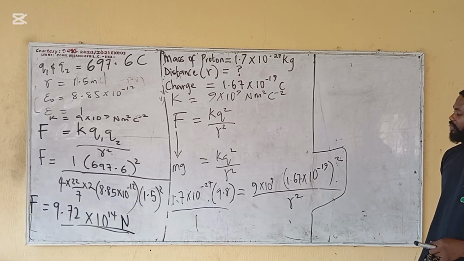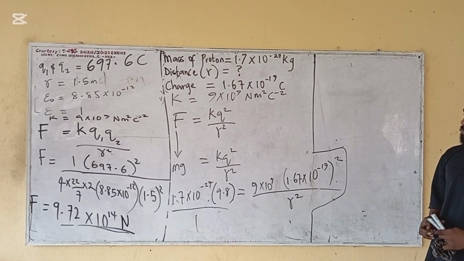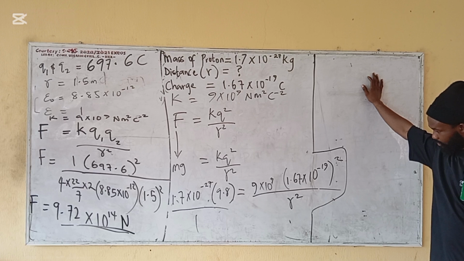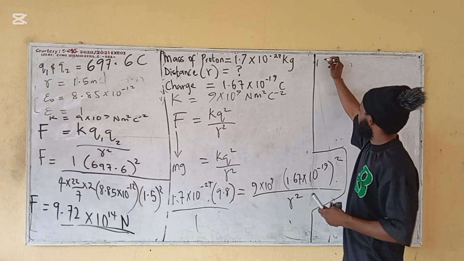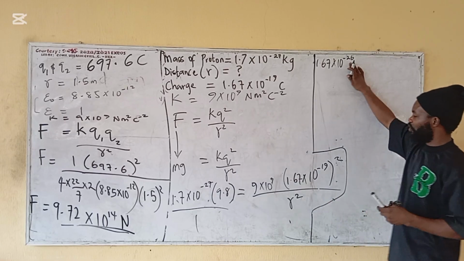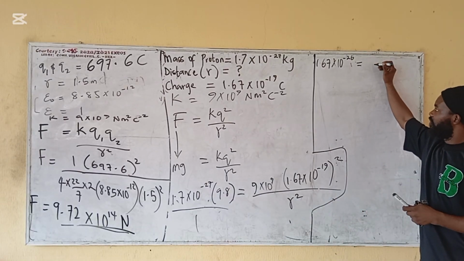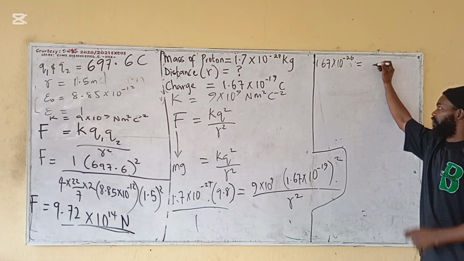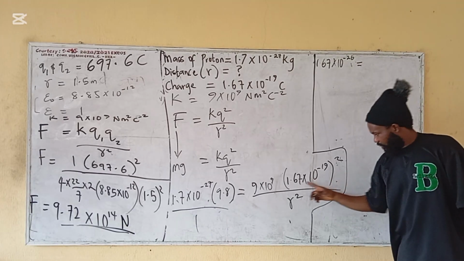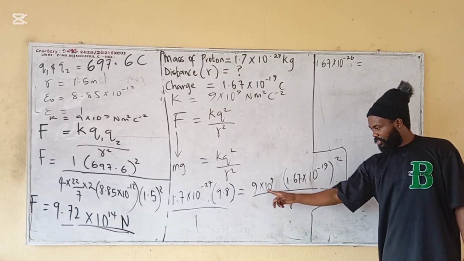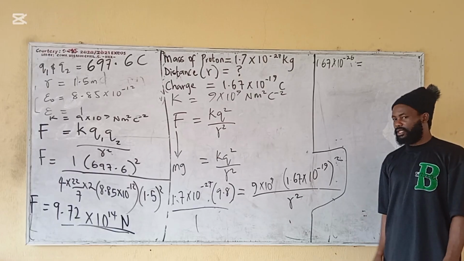By the time you do 1.7 times 10 raised to the power minus 27 times 9.8, you get 1.67 times 10 raised to the power minus 26. Another person confirmed it as 1.66 times 10 raised to the power minus 26. Okay, what do you do for me? This 1.67 times 10 raised to the power minus 19 squared, times it with 9 times 10 raised to the power 9.